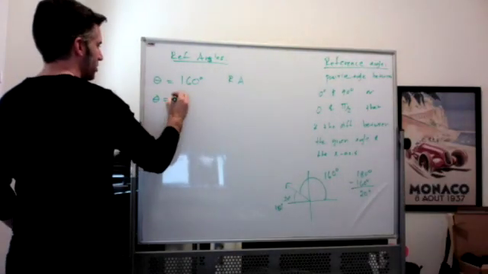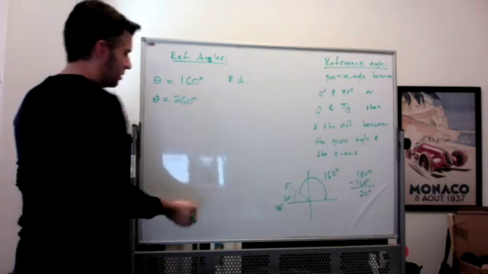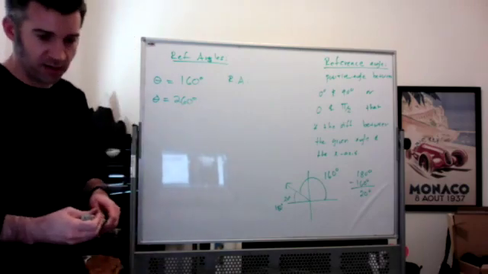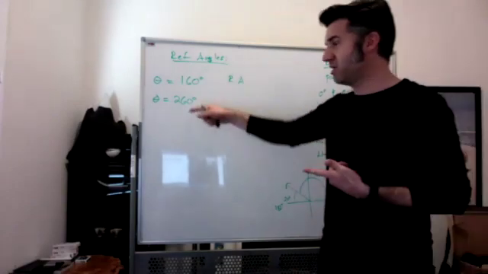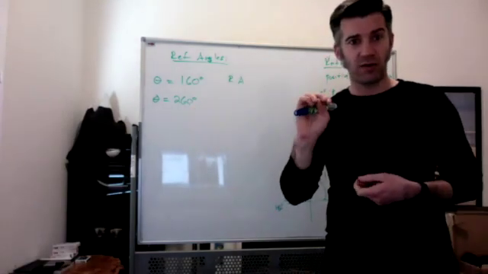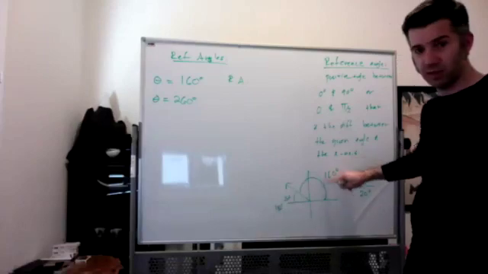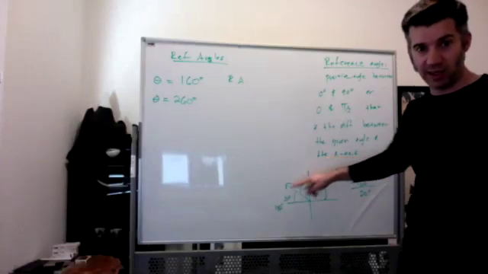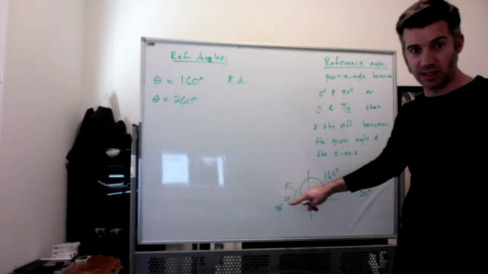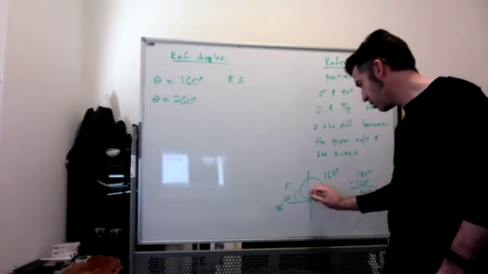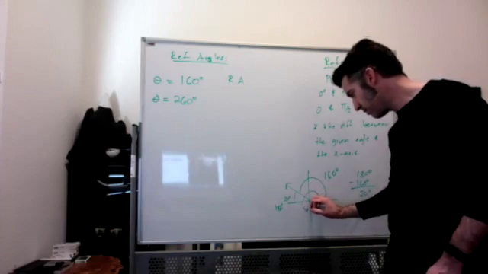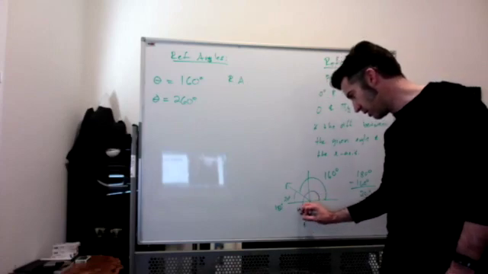Or what if my angle was, I don't know, 260 degrees? Now how am I going to find my reference angle? Well, again, I'm always thinking about trying to get back to the x-axis. So the question I really have to answer is 260 degrees in quadrant 3 or quadrant 4? So here's quadrant 1, 0 to 90. Here's quadrant 2, 90 to 180. Here's quadrant 3, 180 to 270. I'm in quadrant 3, right there. There's 260 degrees.